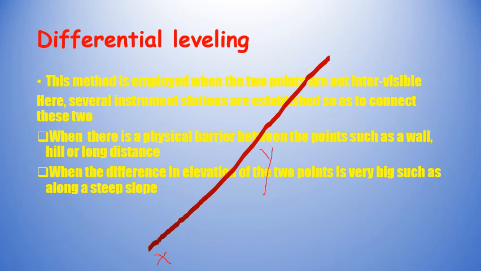If you put your staff here and the staff there, and put your instrument somewhere here, you might be able to take the backsight reading and record it. But if you try to focus on the foresight, you will not be able to. The line of collimation will be directing you to the ground. So you can't use one instrument station here. What you have to opt for is differential leveling, as we shall see.